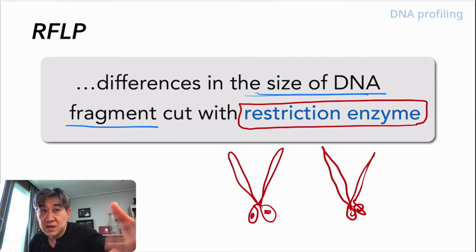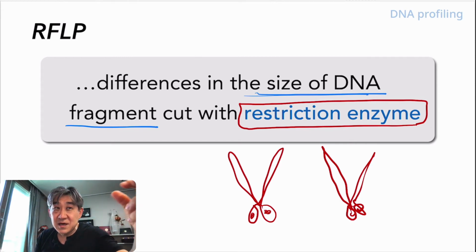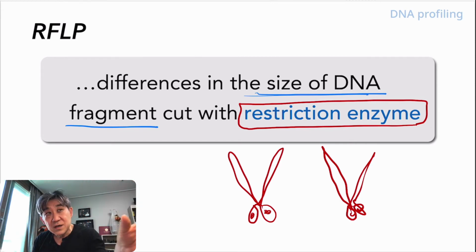But then, as a consequence of a mutation, if that DNA sequence has been changed into something different, then this restriction enzyme that used to be able to cut can no longer cut that area. So there is a very high DNA sequence specificity for all different types of restriction enzyme. That's as best as I could explain about this concept of restriction enzyme.